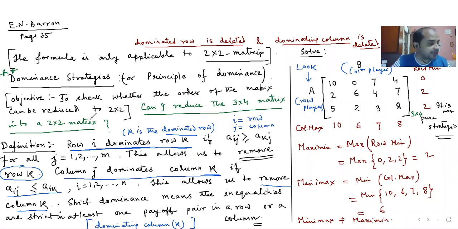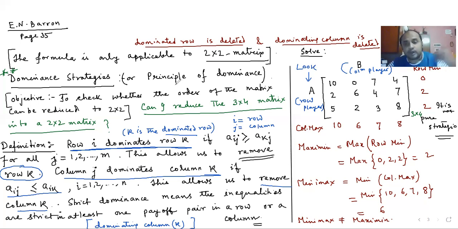If you want, you can read it from page number 35 of the book which I shared with you. In the next class we are going to discuss the problem on the basis of that. We will be solving this problem first of all, and then some other problems.